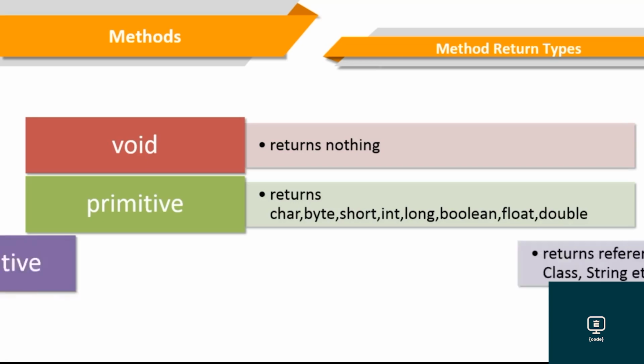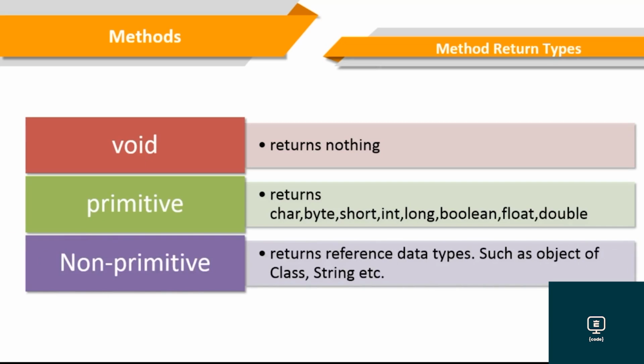If you declare a method with non-primitive types, your return type of method must be the same, right? Makes sense. Non-primitive methods return reference data types such as object of class, string, stuff like that.